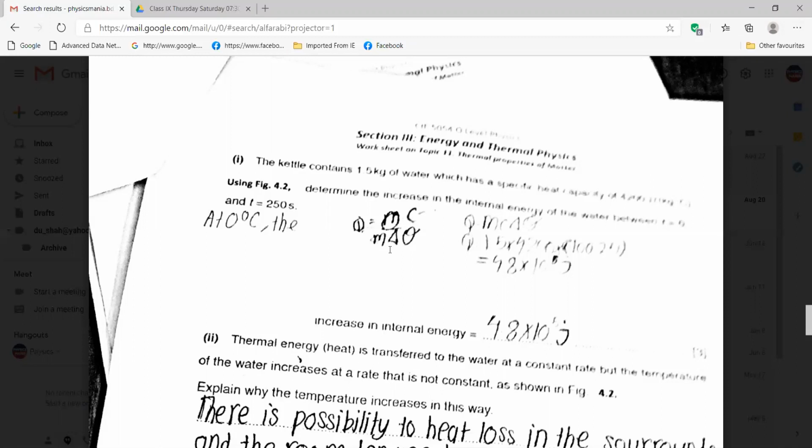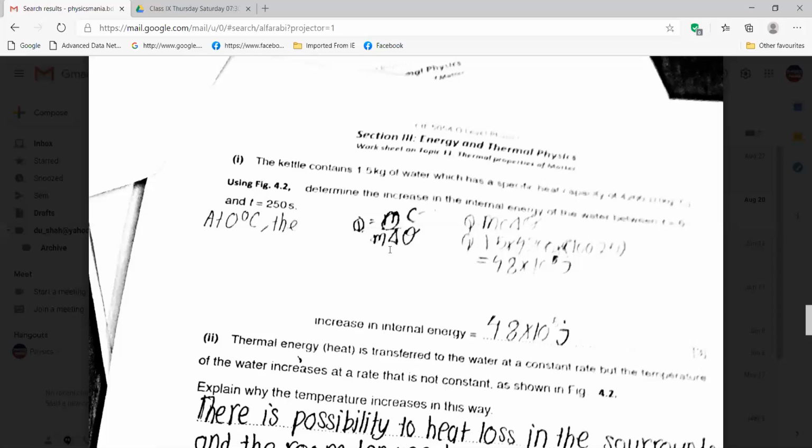Then you have the mass, and you have a specific heat capacity value 4200. Then del theta means at time 0 the temperature was 24, and at time 250 seconds the temperature was 100 degrees Celsius, right? Is it clear whatever I said?